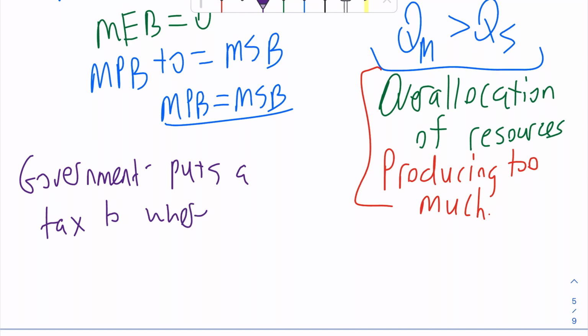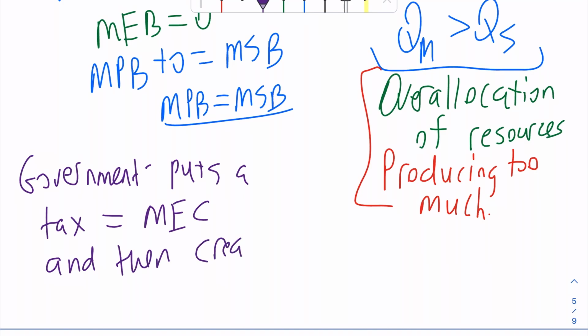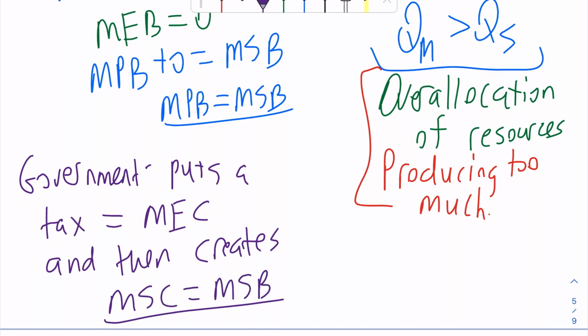Now, where do they put the tax? They're going to set the tax equal to the marginal external cost, and that creates marginal social cost equals marginal social benefit. So that is how a negative externality works.